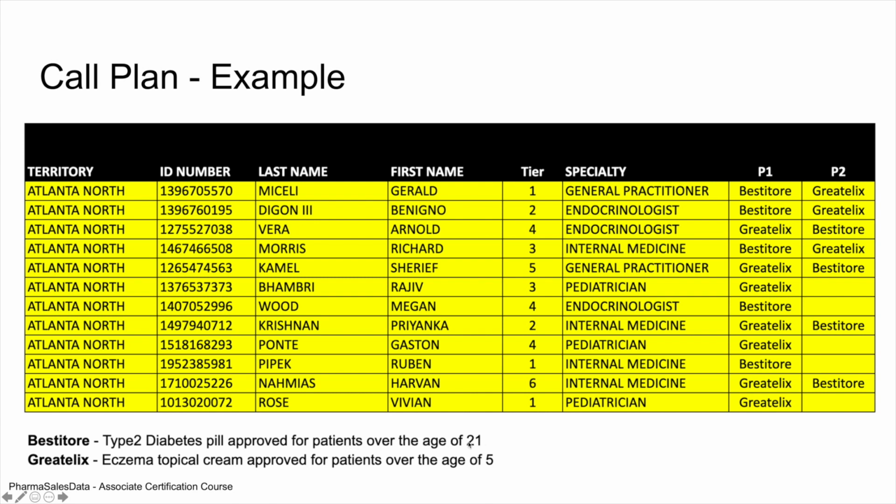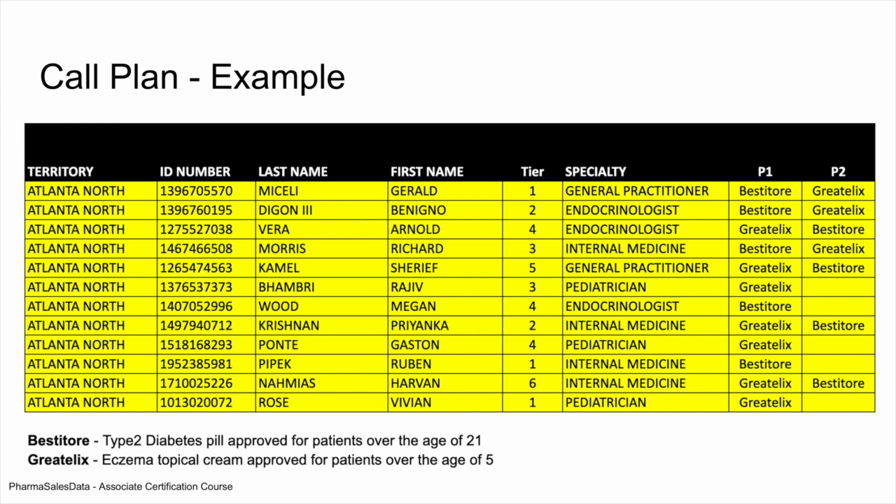So as a sales associate, it would be improper for you to go in to see Dr. Ponte and say, hey, Dr. Ponte, here's a type 2 diabetes pill that would be appropriate for your patients. Because Dr. Ponte is a pediatrician and doesn't usually have patients over the age of 21, it's inappropriate and also wrong for the sales associate to promote that product to that doctor.